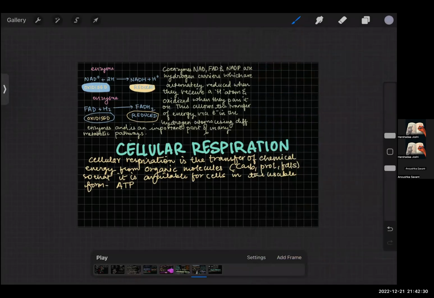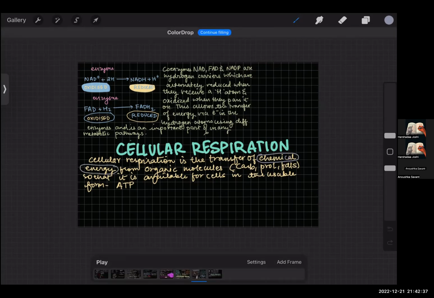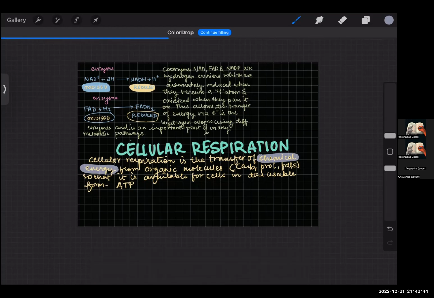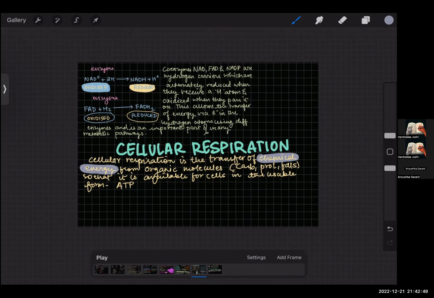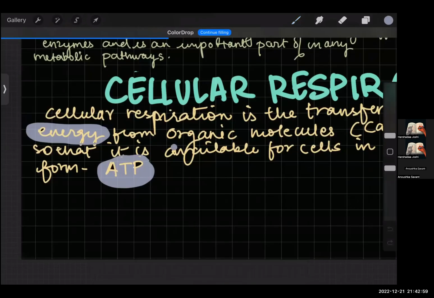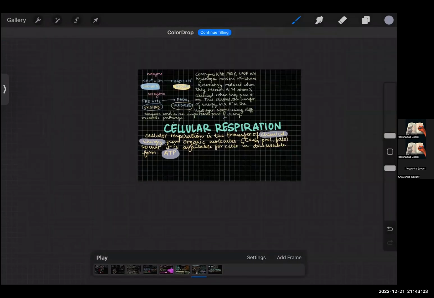You have the chemical energy, okay? What is this chemical energy doing? This chemical energy is going to be taken from your carbohydrates, fats, and proteins and is going to be converted into ATP, which is nothing but the usable and abundantly available form of energy called ATP.